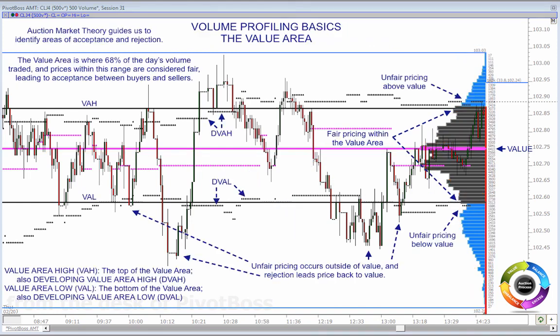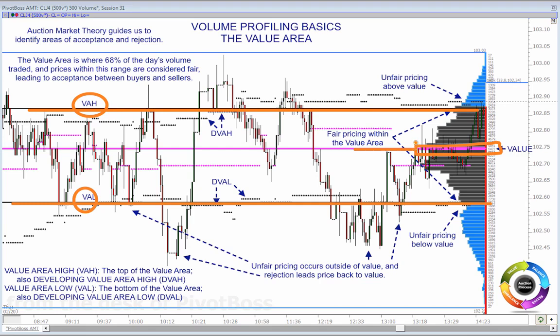Volume profiling also has a value area where all the business is conducted. We talked about VAH being the top of value, VAL being the bottom of value, and remember, value is defined by the volume point of control, the level with the most volume traded.